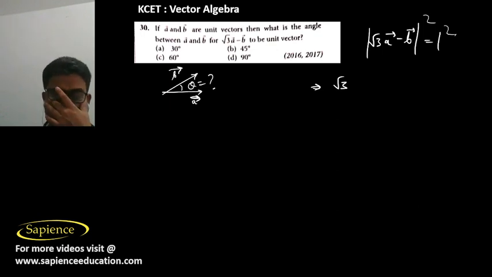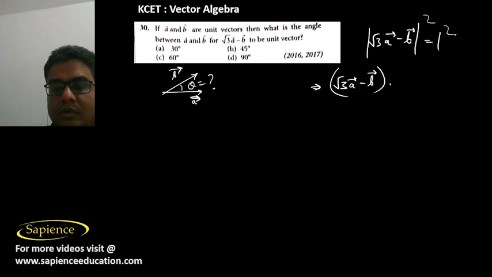Square on both sides now. Then root 3a minus b dot root 3a minus b is equal to 1.